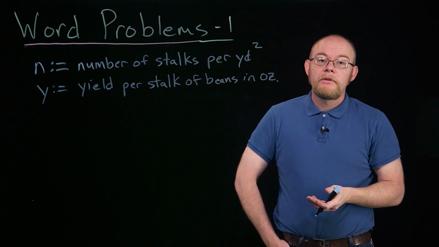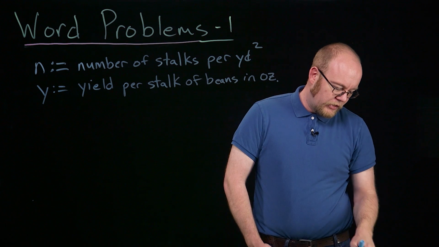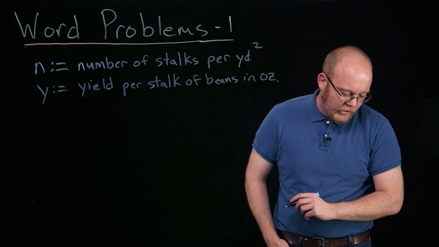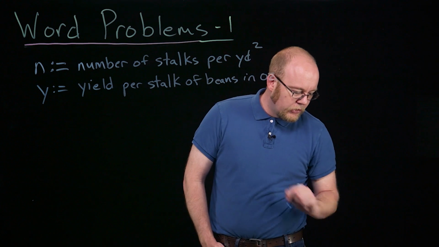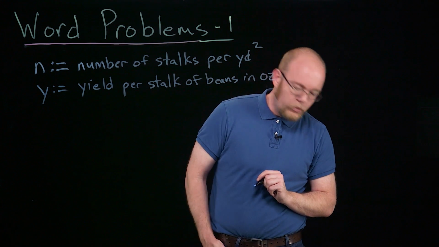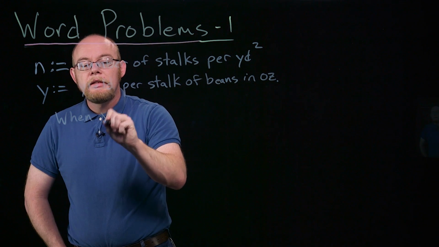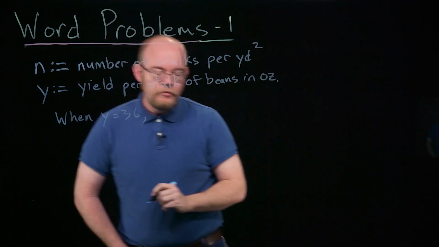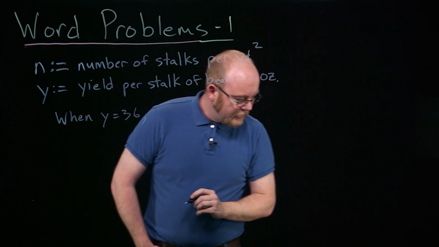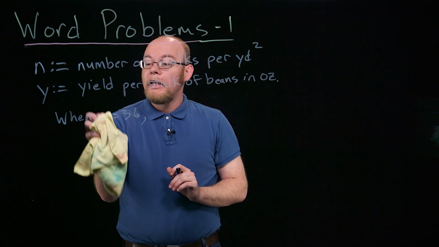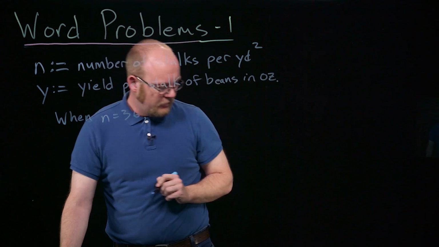Now, if you read the rest of the question, it tells us some information. It says that when there are 32 stalks planted per square yard, the yield is 30 ounces per stalk. So it says 32 stalks planted per square yard, so that's going to be our Y. So when Y equals 36, our N, when our N is 36, right?